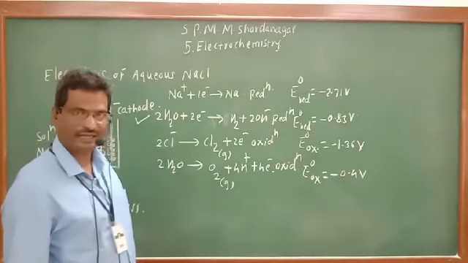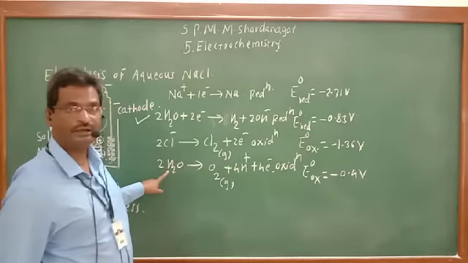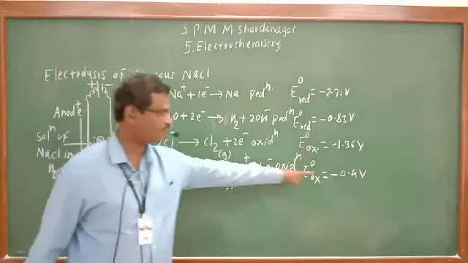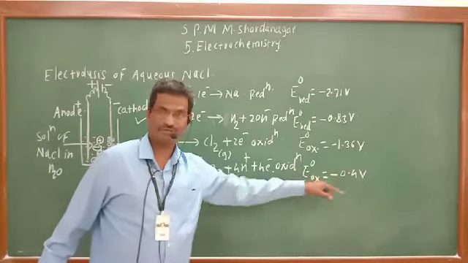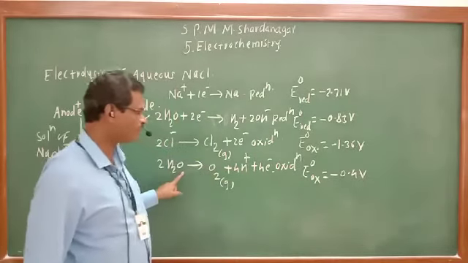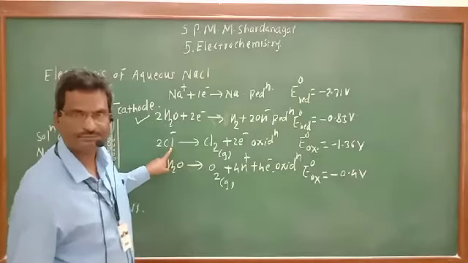Now which is greater here? Water has higher oxidation potential than chlorine. Is it right? A less negative value means a more positive value. So water will undergo oxidation as compared with chlorine. That is our general sense.